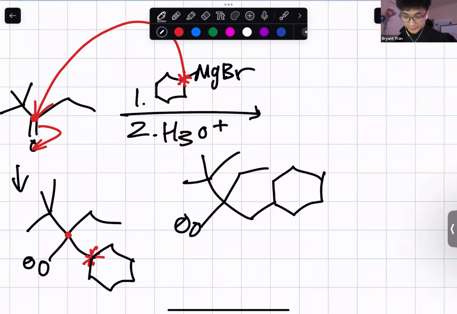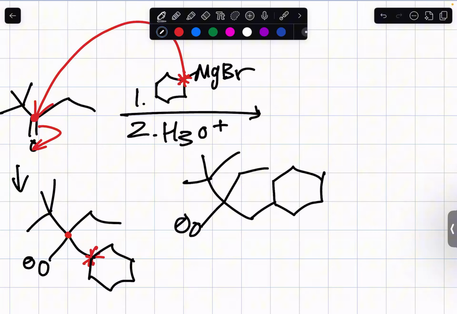Discord's being weird. I think it's the same. I just drew it in a different orientation, I think. Yeah. Let me see. Did you send it on? Oh, I see. Yeah, Discord.